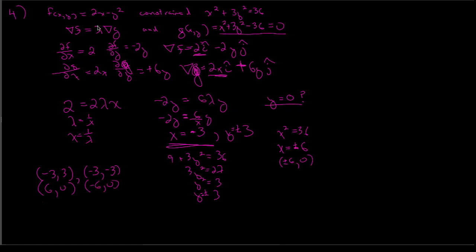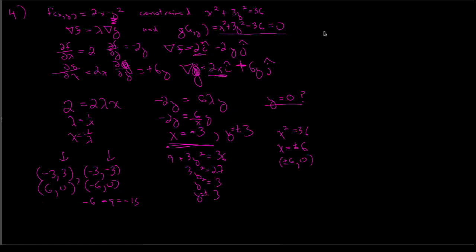Now, we look at them in context of our original equation. Anywhere the sign of y changes won't be affected. So if we put negative 3 into our initial equation, we're going to get negative 6 minus 9, or negative 15.